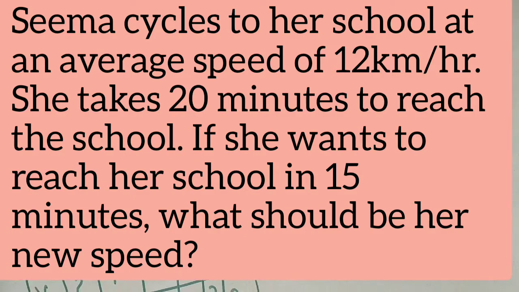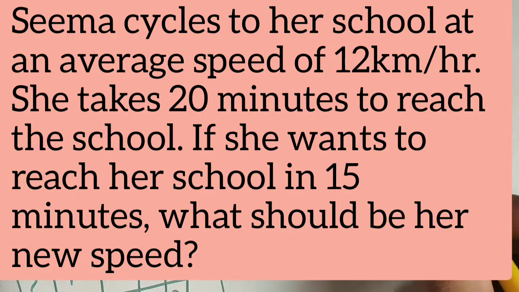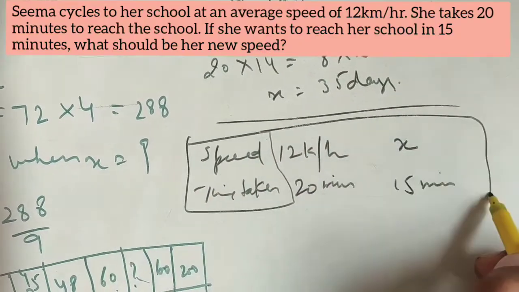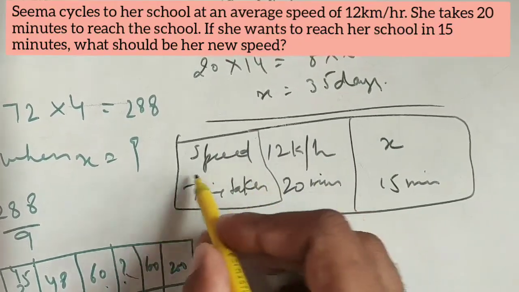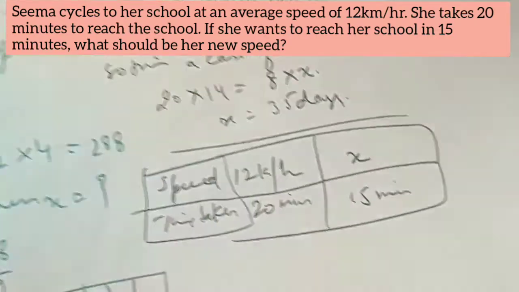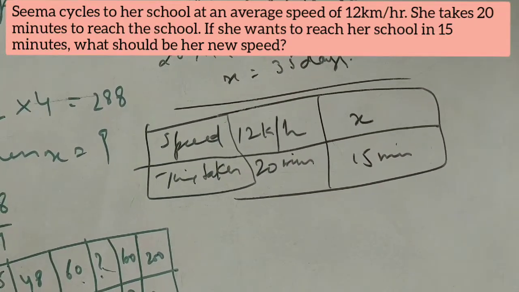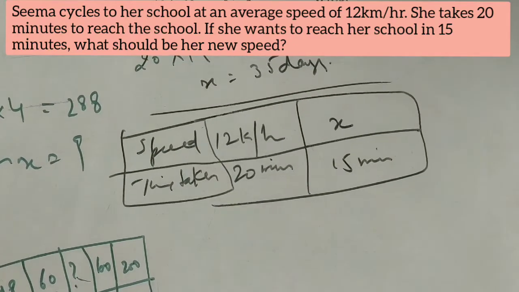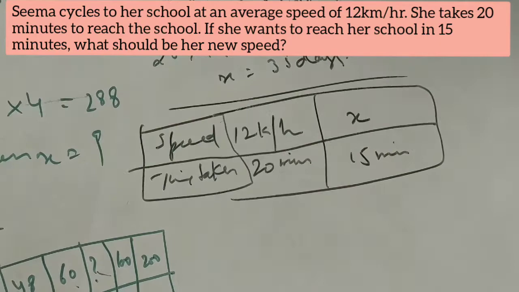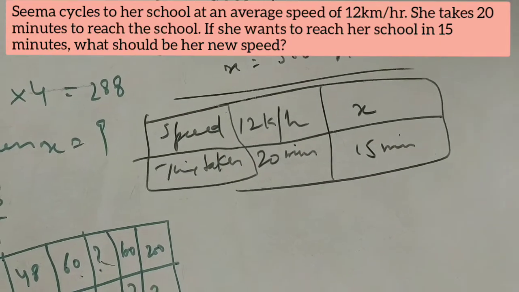If she wants to reach her school in 15 minutes, what should be the speed? This type of table you will get. Speed is 12 km per hour. She takes 20 minutes to reach the school. How much should be the speed?